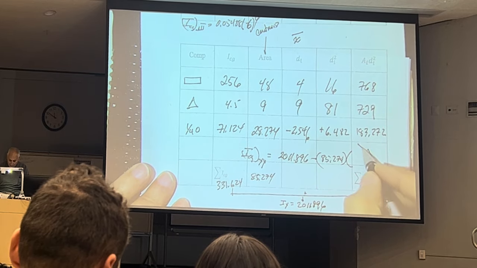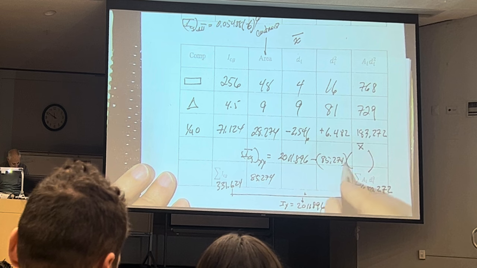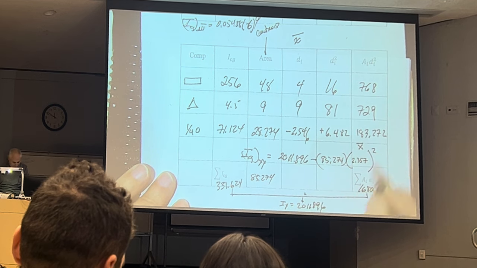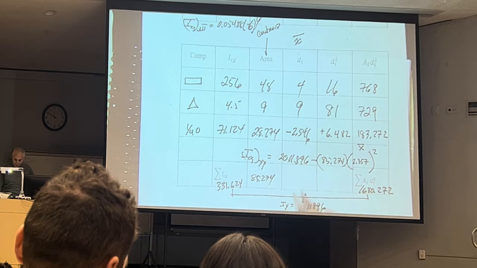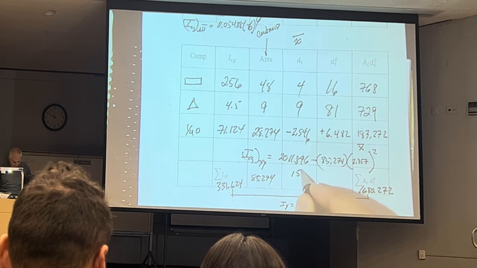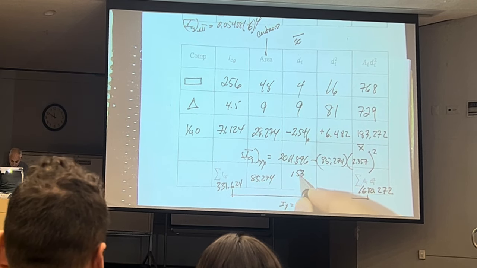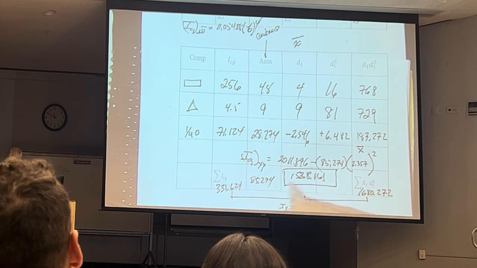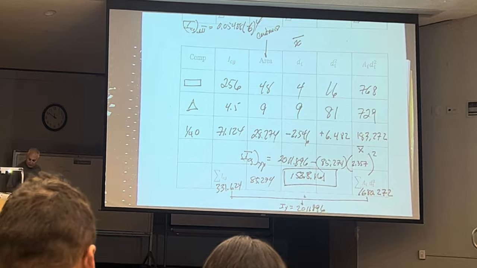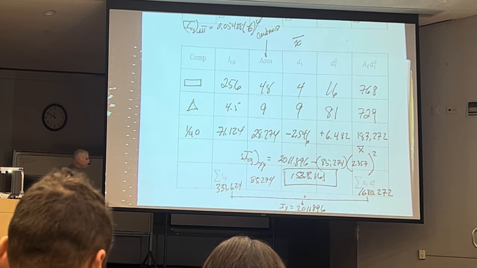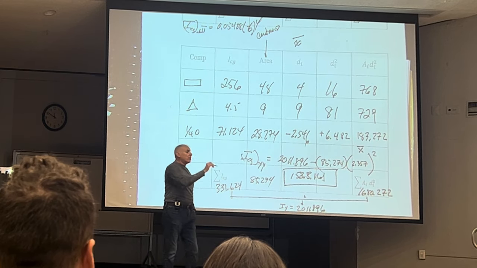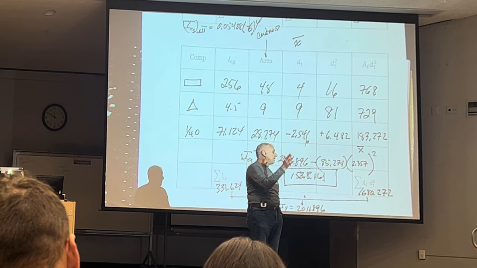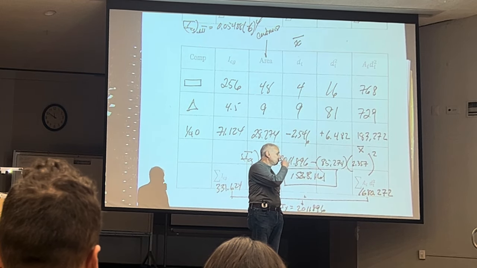That distance will be my x bar, which is 2.357 quantity squared, which gives me 1538.161.